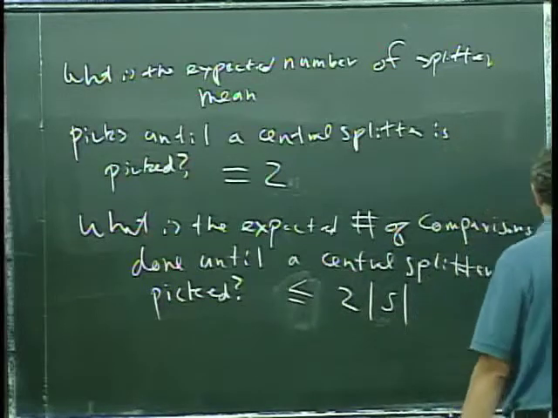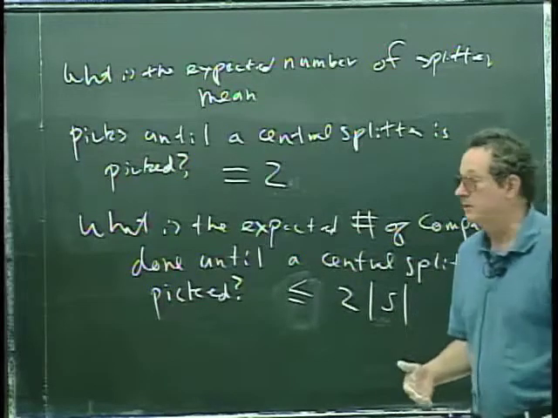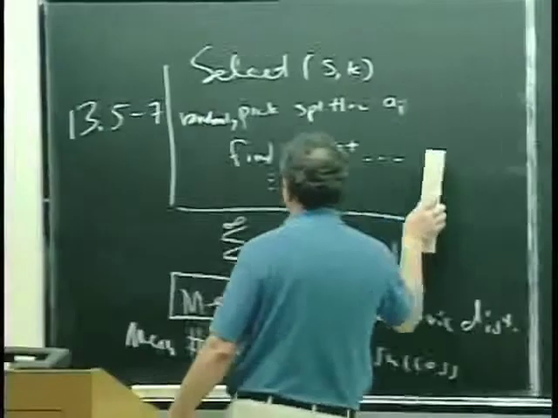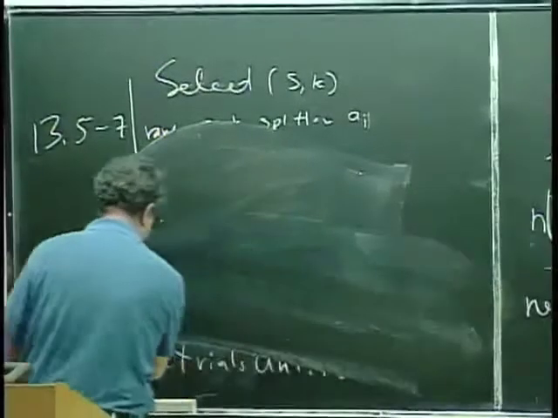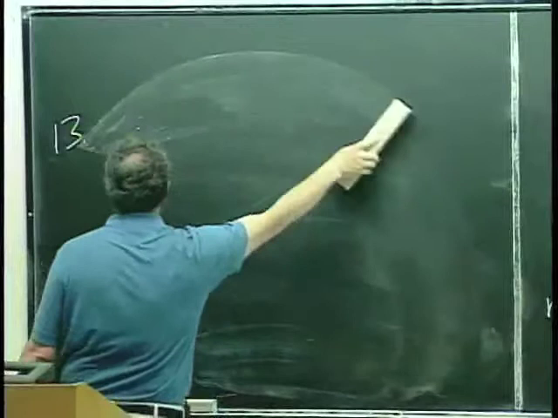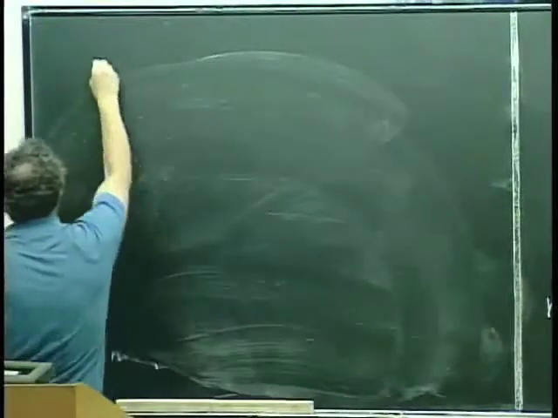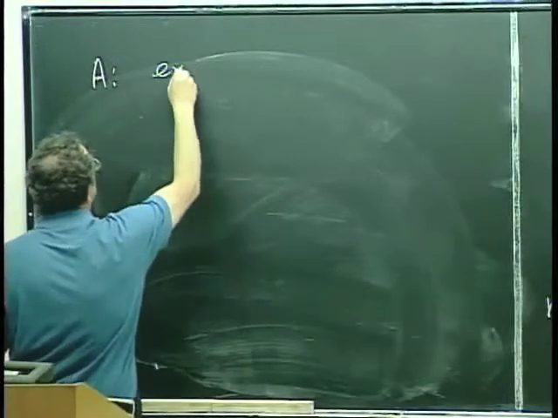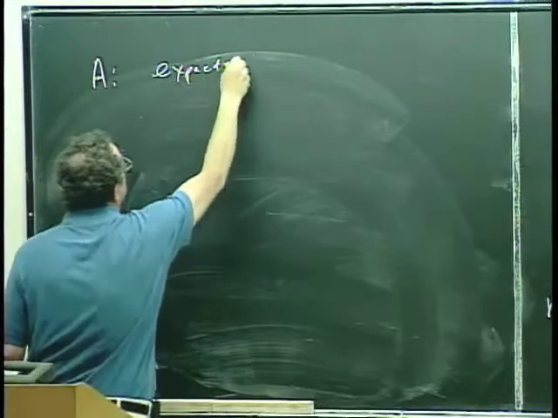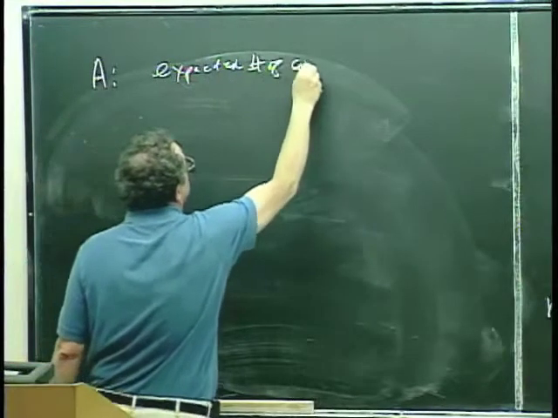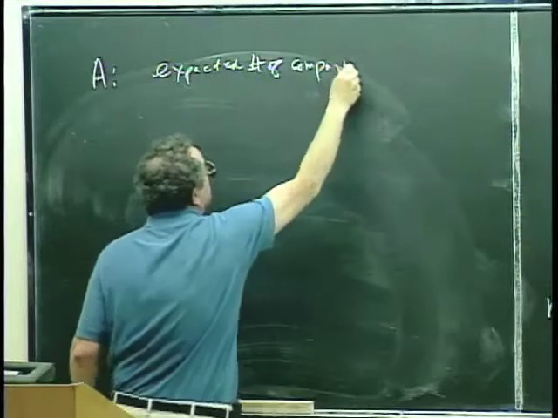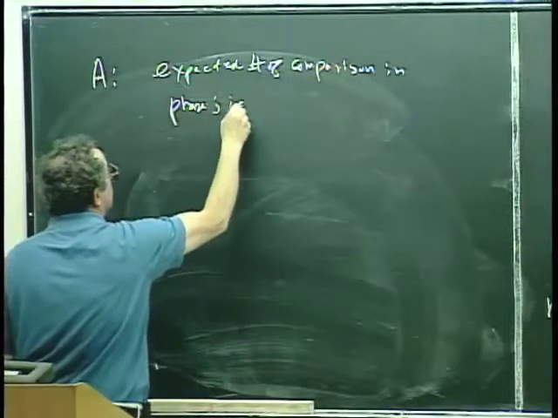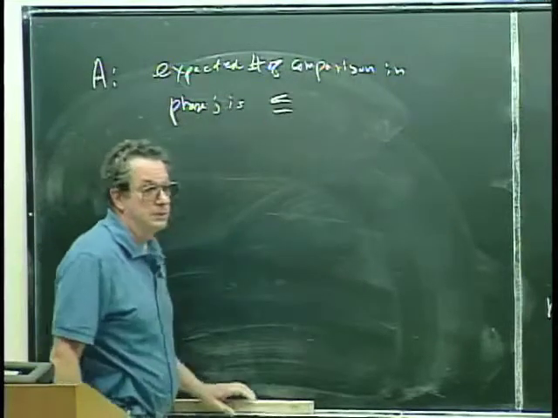Okay? So if you put all those things together, the expected number of comparisons, where you're comparing an element to the splitter, so this is the answer to the question I just posed over there, expected number of comparisons in phase j is less than or equal to, again, the logic is this.